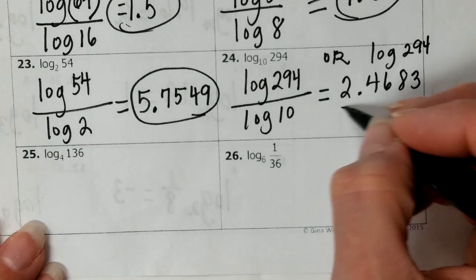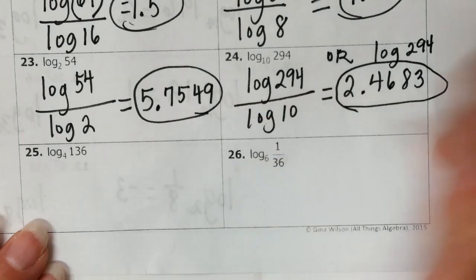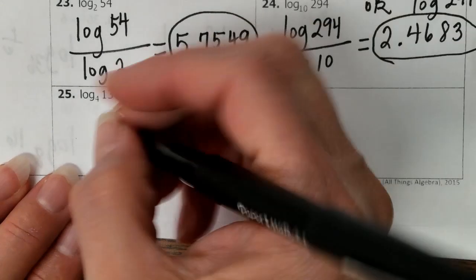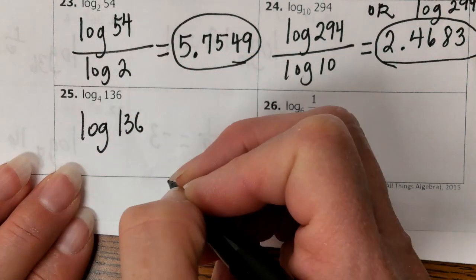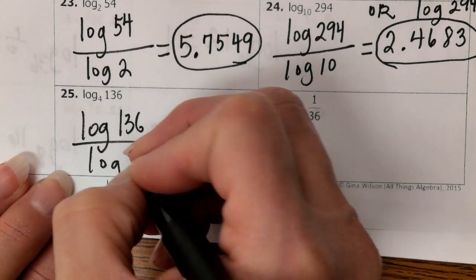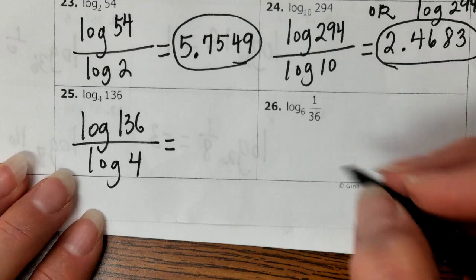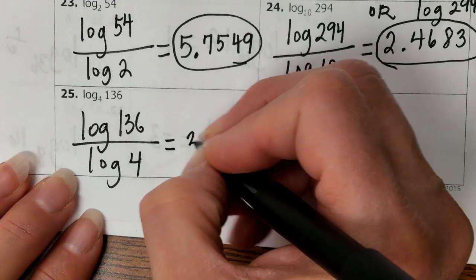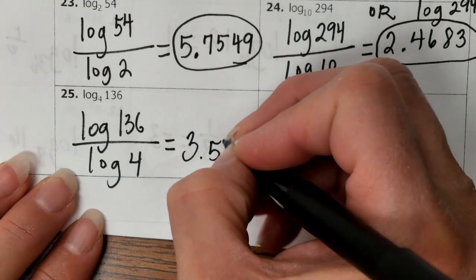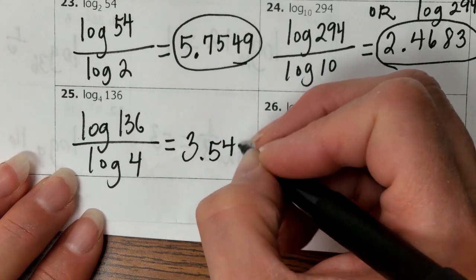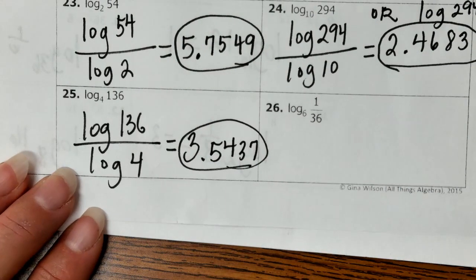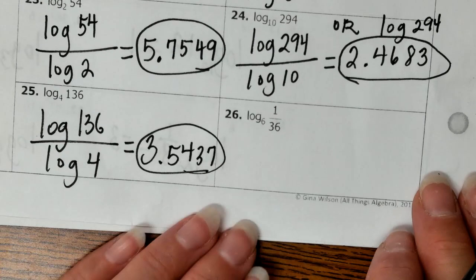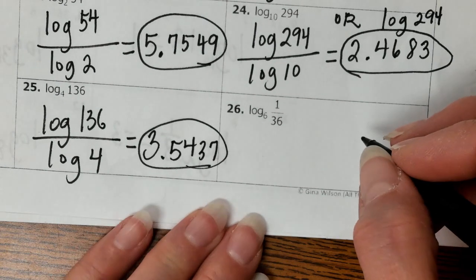Okay. What about problem 25? It is log 136 over log 4, which is what answer? 3.54 is wonderful. If you wrote it out a little more, that's a little more of the answer. What about number 26?